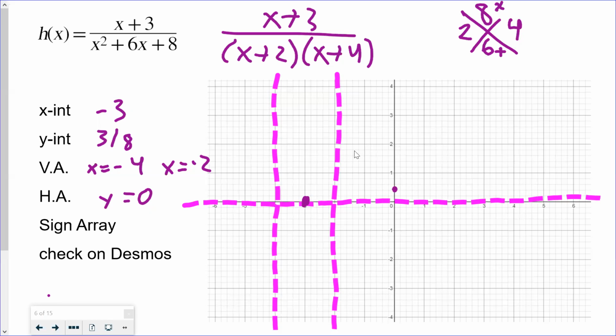Now we know, since we got a positive point here, all of these points are going to be positive as well. So that's what that side looks like. Because since we had a y-intercept at 3/8, we knew all these were positive. Well, now since it's going up right there, that means on the other side, it needs to be going down.